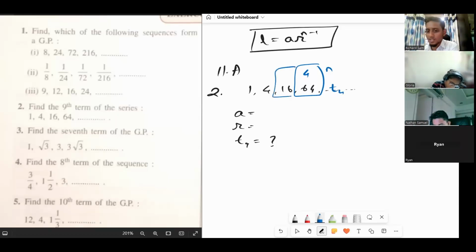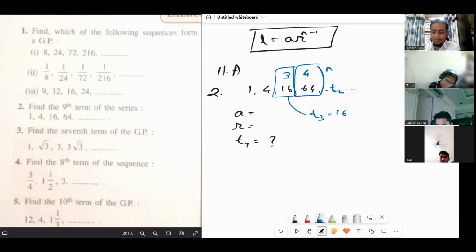See, for 16, what is N? 3. And T3 is 16. Understood? So here we are finding T9, so N is 9. If anyone got the answer, please tell me.